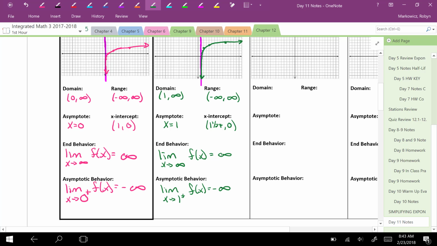When you finish, look up and check your answer. See if you got it correct. Thumbs up? Yes? Good? Questions?